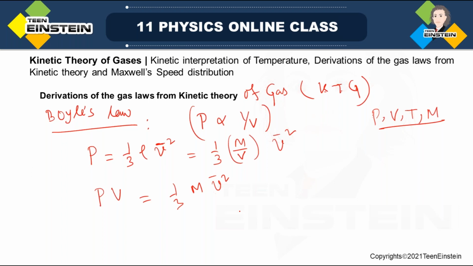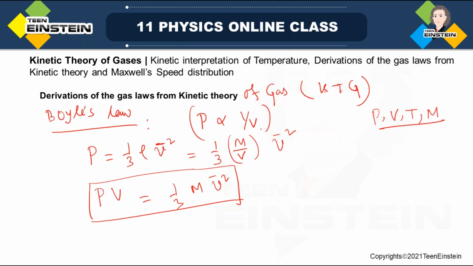From here I should get PV equal to some constant, so that P is inversely proportional to V. If somehow the right hand side of this equation is proved to be constant, then we can prove P versus 1 by V.